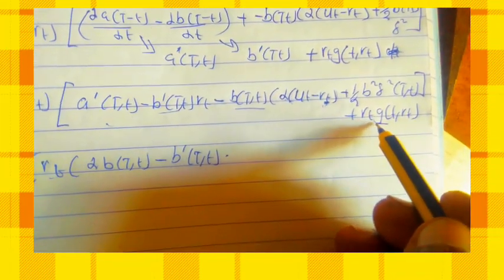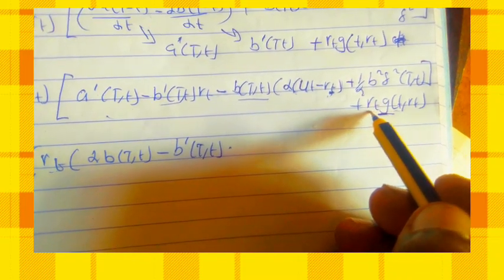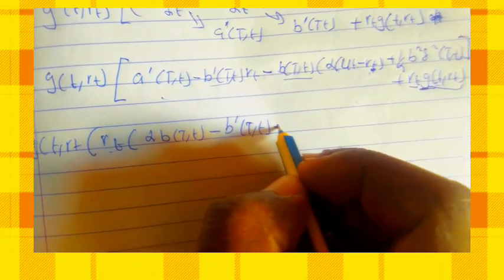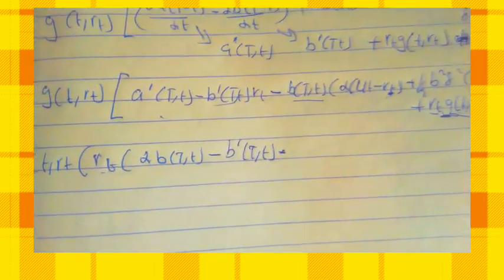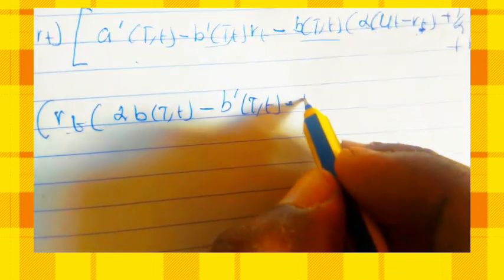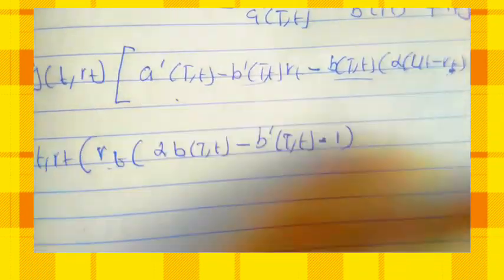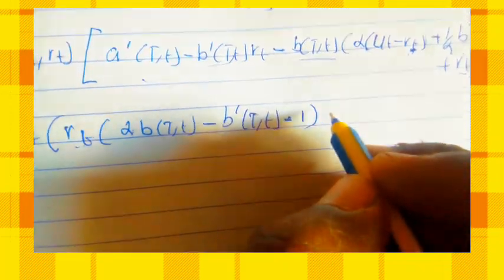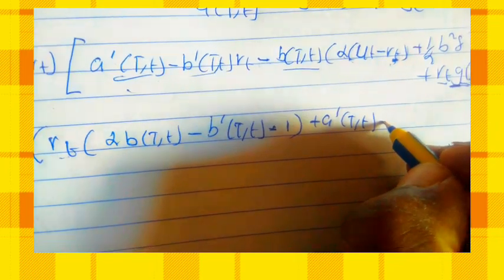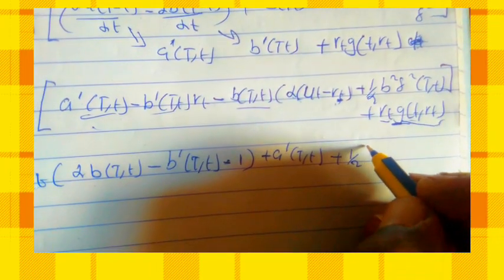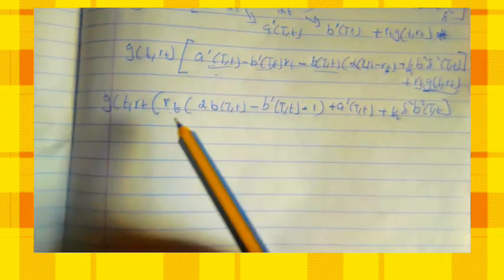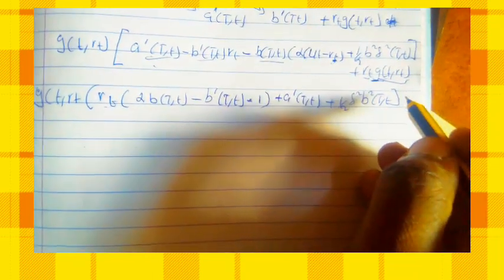Then we have this one, we factor out this r_t, but already we factored those g(t, r_t), so we get plus, not plus, we have made a mistake, this one is minus, so it's equal to minus 1, then plus A(T, t) plus a half sigma squared B squared(T, t), then you close the bracket, which is equal to 0 because this one is a drift term.